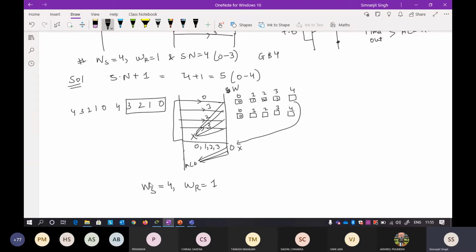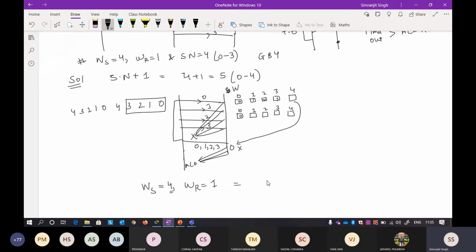If you send 4 sequence numbers, you have to wait at the receiver side for a completely different sequence number that is outside your window.